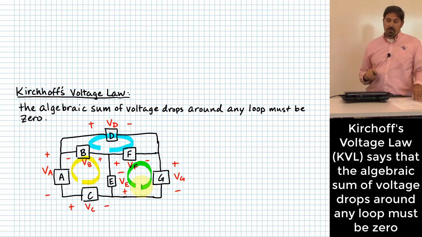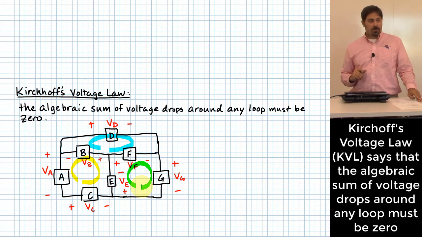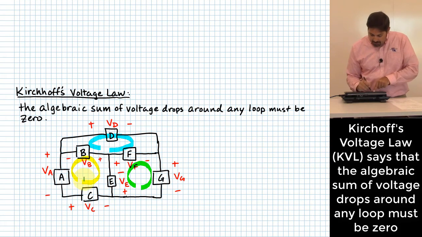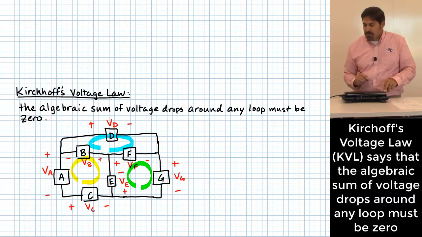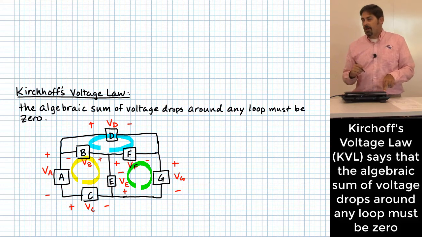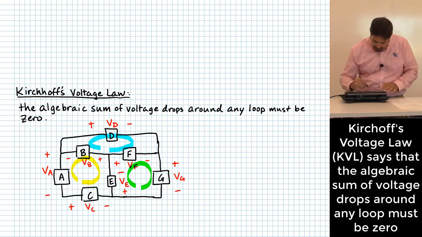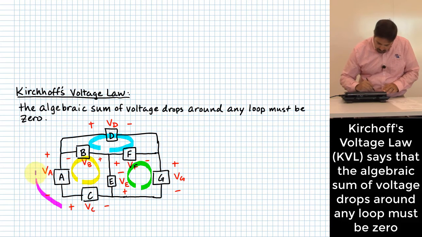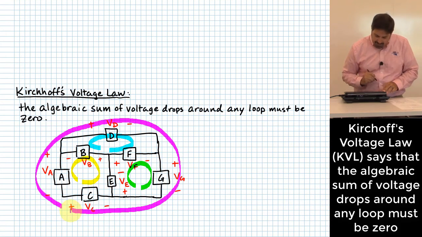Those 3 loops happen to also be meshes, by the way, according to our definition that we dealt with a little while ago. Let me put a 4th one on there as well so that I get one example of one that's not a mesh, because it's not required that it be a mesh in order to do a Kirchhoff's voltage law sum. I'll choose the one that goes all the way around the outside of the circuit.